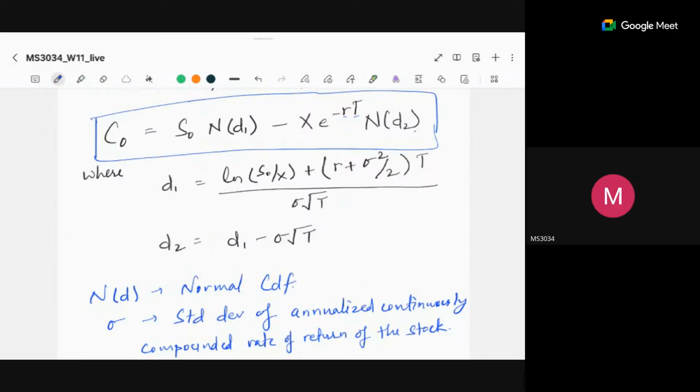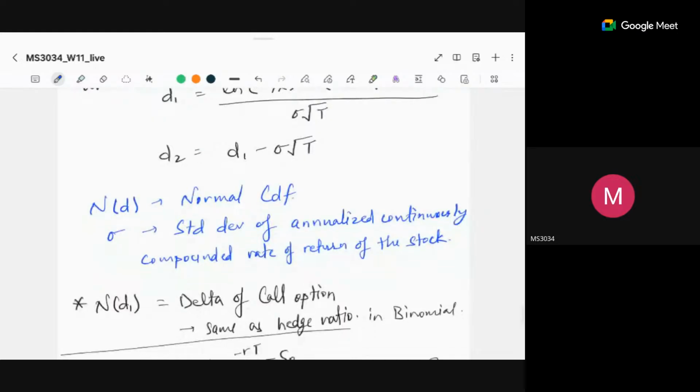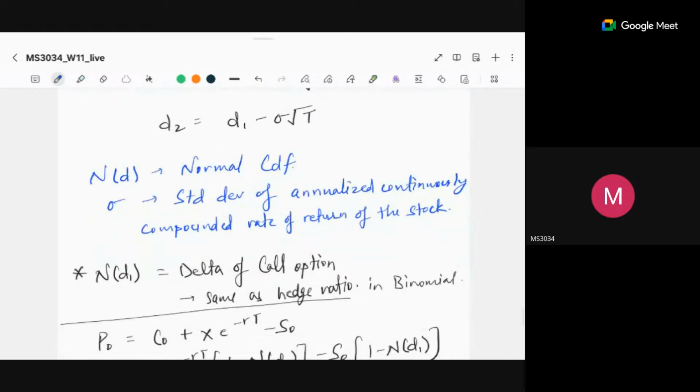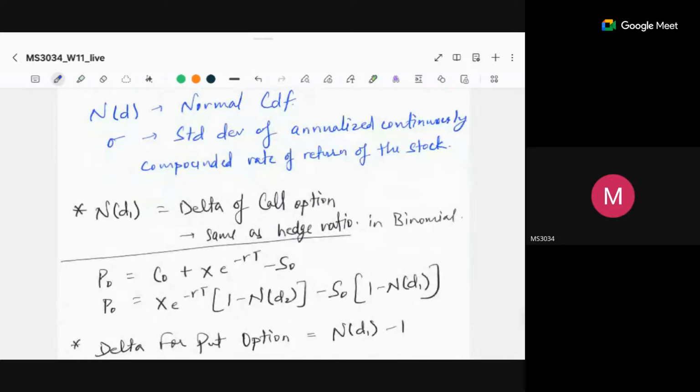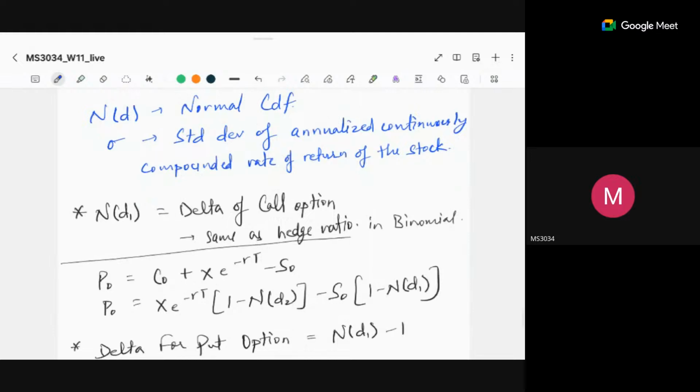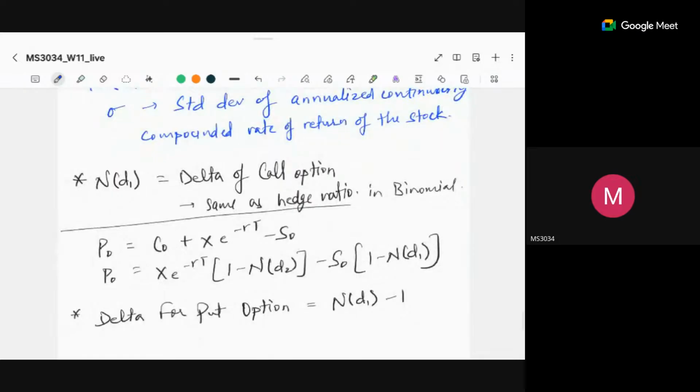So let's suppose the stock price goes up by 1 unit, then my call option price will change by N(D1) units. And in that sense, we call this N(D1) the delta of the call option. And if we compare this value with our binomial pricing model, this is the same as the hedge ratio in our binomial pricing model. Okay, you should take note of this.